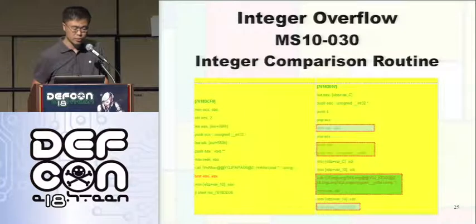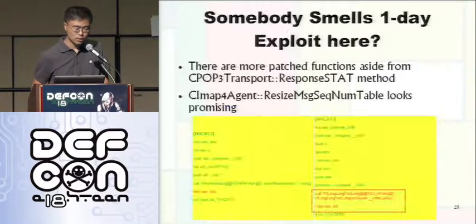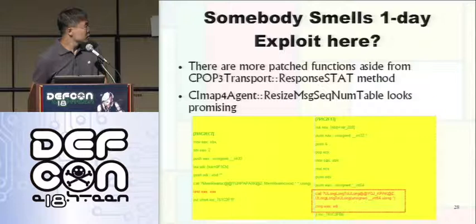So I dug in more, and it looks like the next method, CIMAP for agent, resize message sequence number table, is fixing the same problem. The old one was just calling the memory allocation routine, but the patched one was calling ULongLongToULong, just as they fixed the other integer overflow. So whenever they find some integer overflow in their module, they fix the same kind of problem in other code parts.